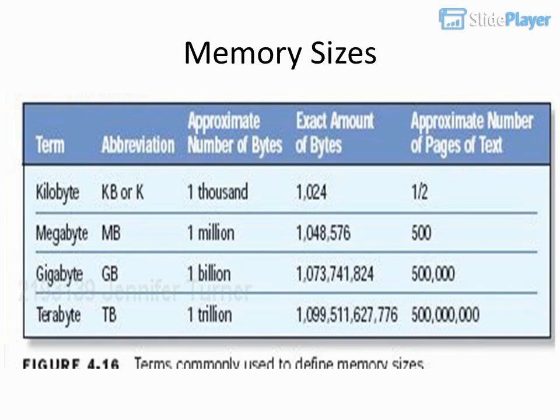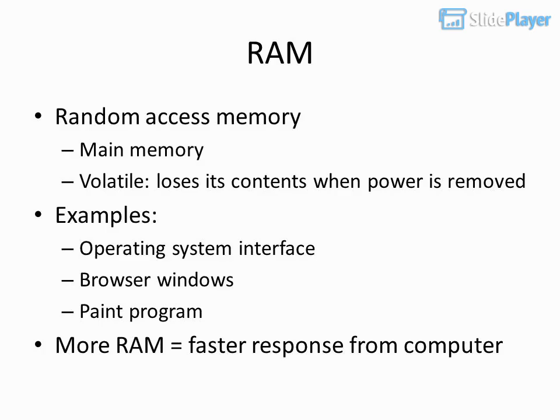Memory sizes. RAM, random access memory, is main memory. It is volatile and loses its contents when power is removed. Examples: the operating system interface, browser windows, a paint program.